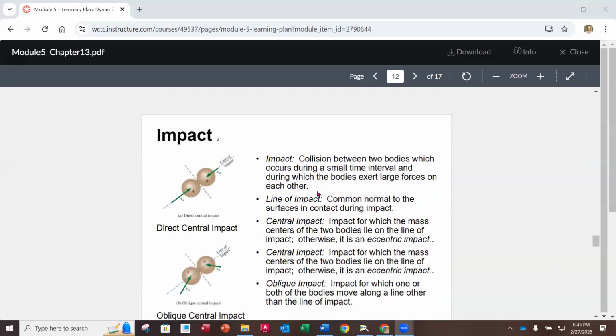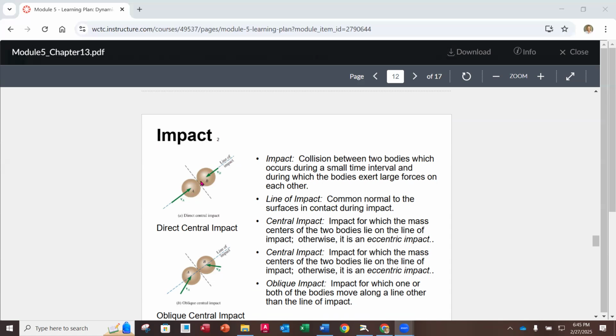Okay. Now we're going to be working with this in some of the problems we'll look at. As we look at impact a little more closely, the types of impacts we have are going to occur along what we call a line of impact. That means the center of gravity of each of the items having a collision is on that line of impact.